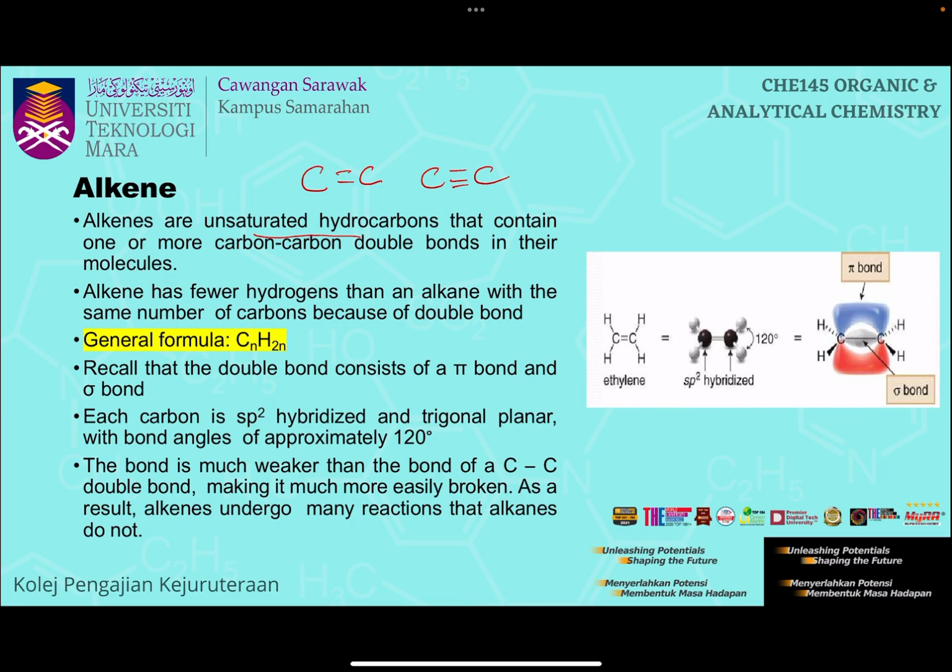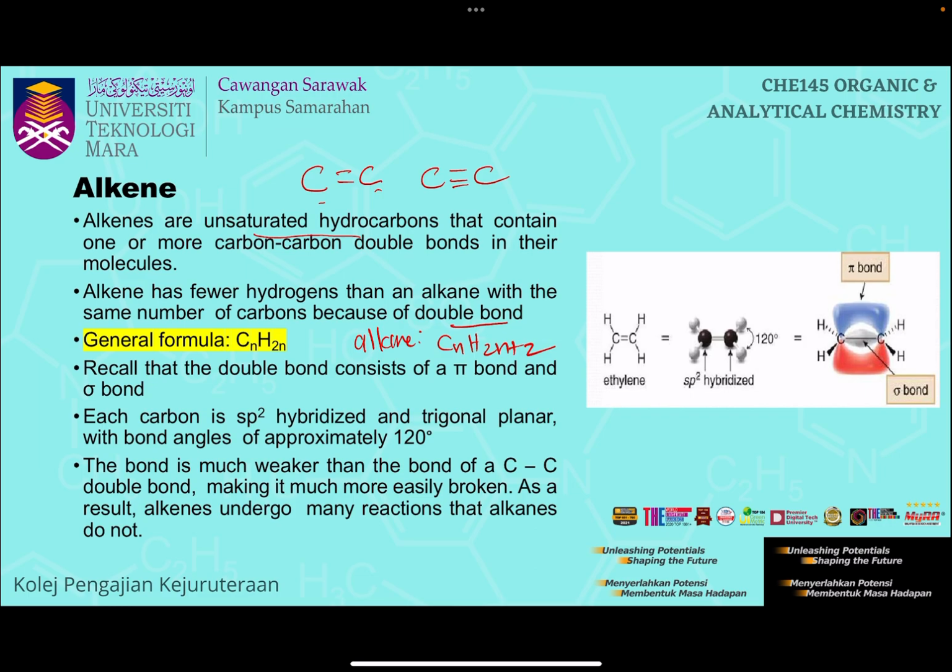So normally we look at C double bond C or C triple bond C. Alkene has fewer hydrogens than alkane with the same number of carbons because of the double bond. The general formula is CnH2n. Remember, alkane's general formula is CnH2n+2. So alkene will have 2 hydrogens fewer compared to alkane.